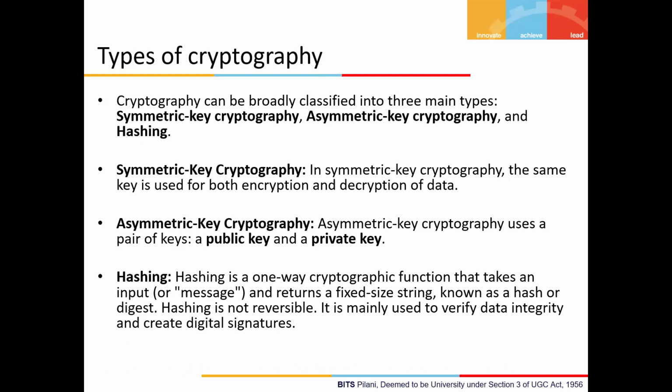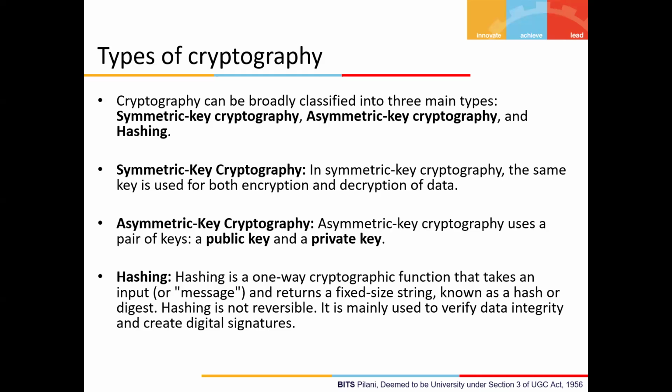Hashing is a cryptographic function that takes an arbitrary input size and returns a fixed size string. That fixed size string is known as a hash, or we call it a digest. Let's say you have 1 GB of data, or whatever size it is.